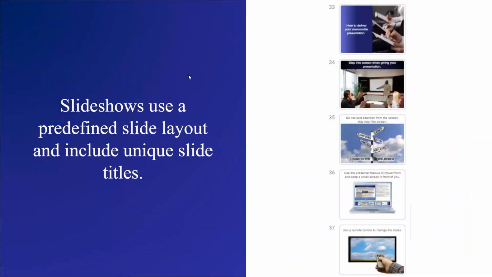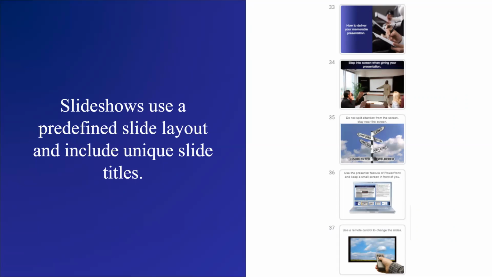Now we're getting into the last major section, and it's dealing with slideshows. One, you should use a template when you're building a slide deck. I've used a template for this particular presentation. If you were to watch this again, you'll probably notice where I come to a major change.